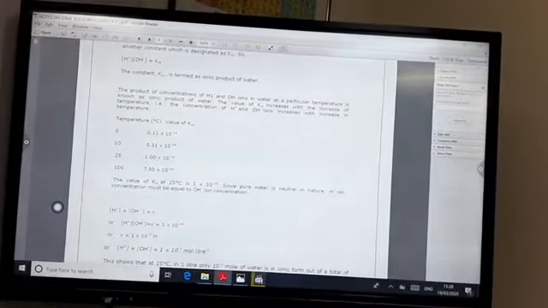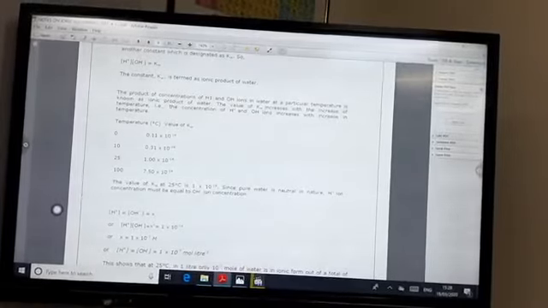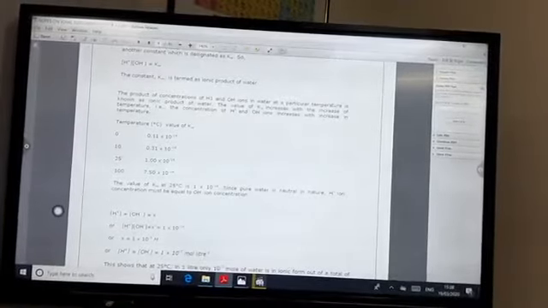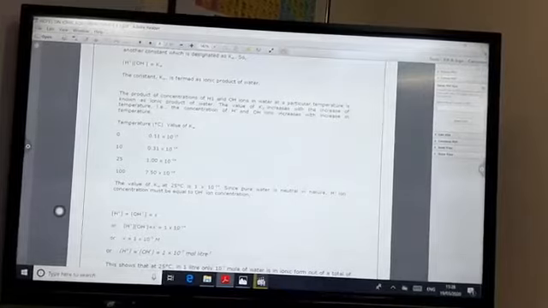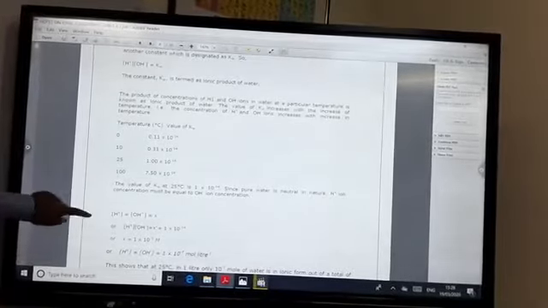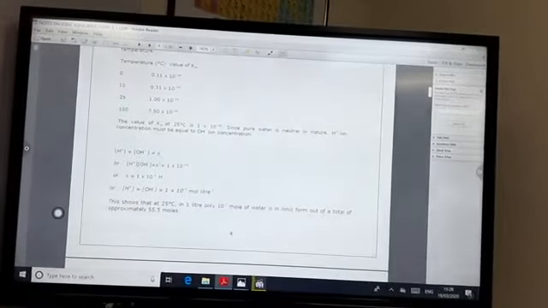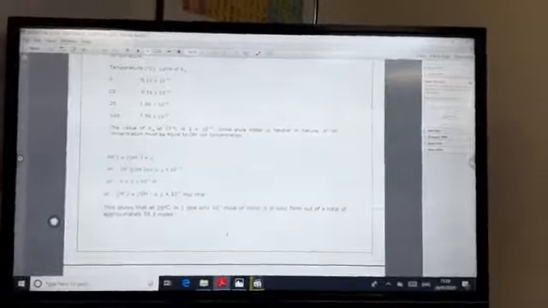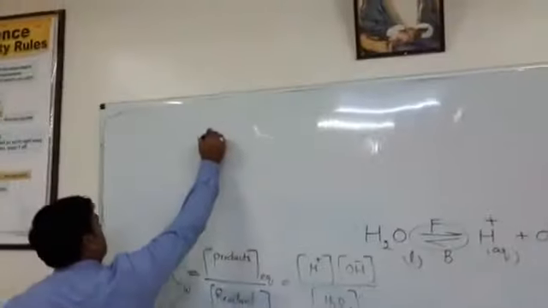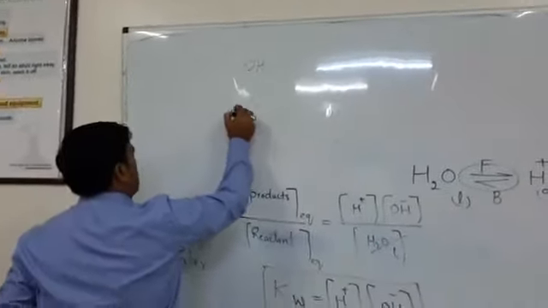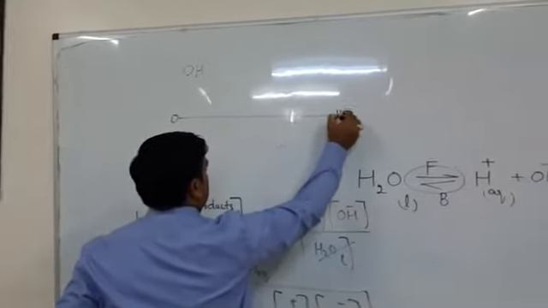Since pure water is neutral in nature, the hydrogen ion concentration must be equal to the hydroxide ion concentration. Look here, both concentrations are equal. Why? Because if we use the pH scale, it runs from 0 to 14.